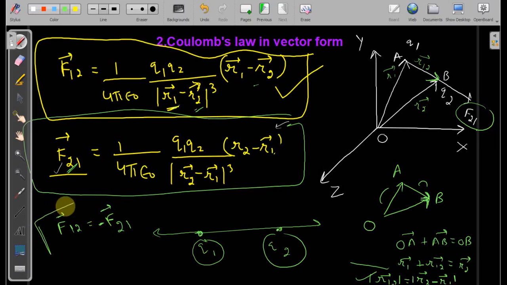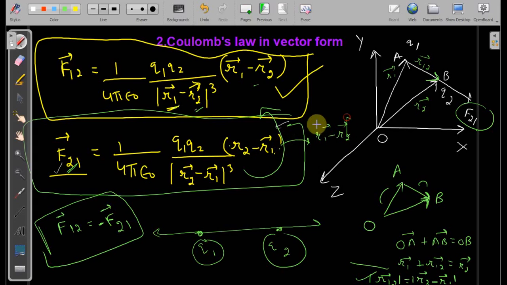Or if you want to write this in the same way, you can take a negative sign and rearrange this. If you replace R1 with R2, you have to put a negative sign here, and you will get this. So in this way you can show that Coulomb's law also follows Newton's third law of motion.